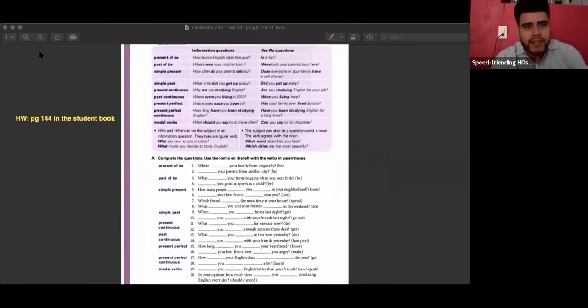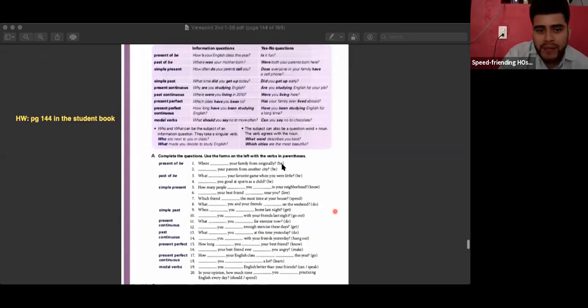This is basically a review of everything you have learned. We have different verb tenses: the present of be, the past of verb to be, simple present, simple past, etc. You need to complete these questions down here with the correct information, using the tense that it tells you.